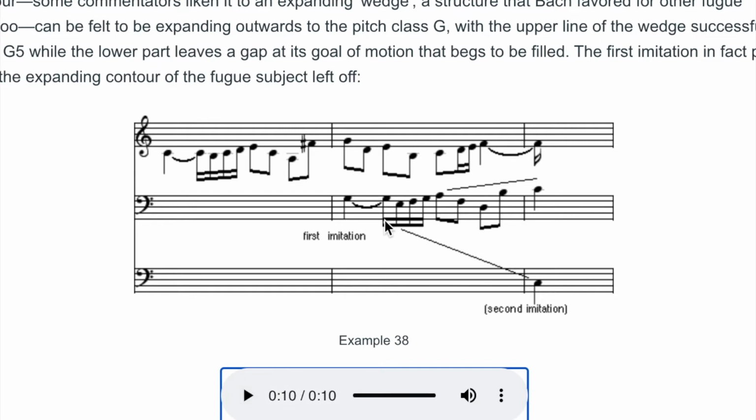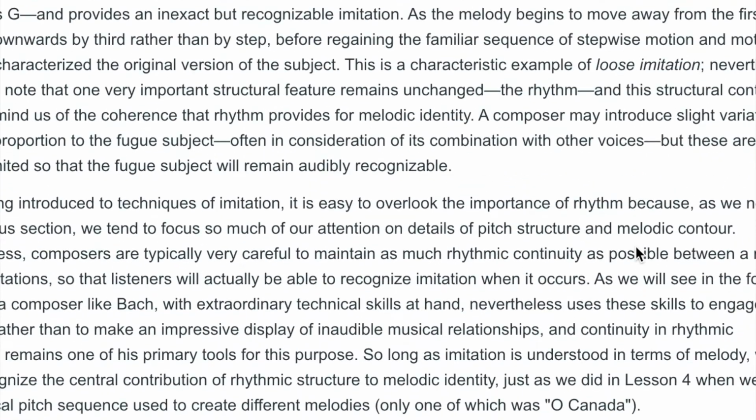And of course, the imitation itself has that wedge shape and likewise implies another entry point for the next imitation. And let's listen to that before I come back and look more closely at that first imitation.